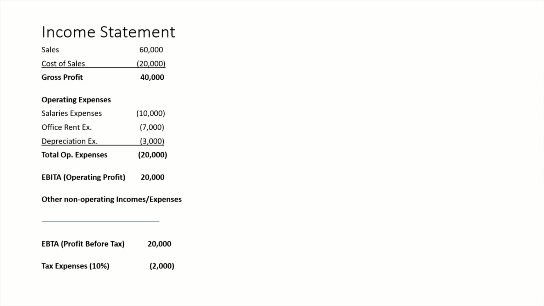After profit before tax, we have tax expenses. Let's suppose tax expenses are 10% of profit before tax, which gives us 2,000 euros. And in the end, we have net profit or net incomes for 18,000 euros.